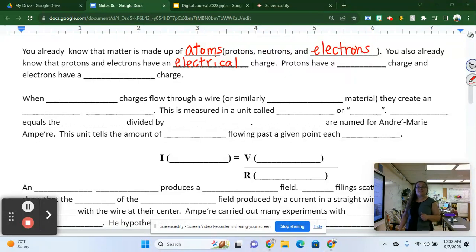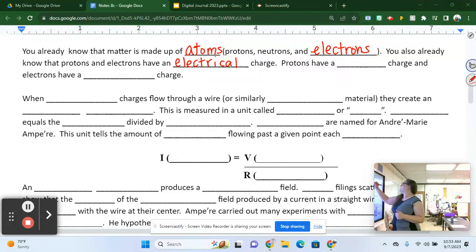Protons are positive, neutrons are neutral, have no charge, and electrons are, that's right, negative.